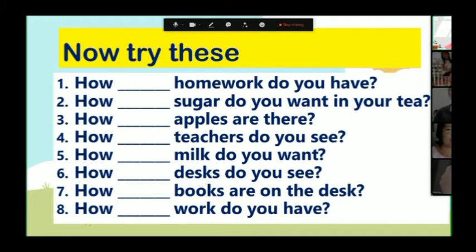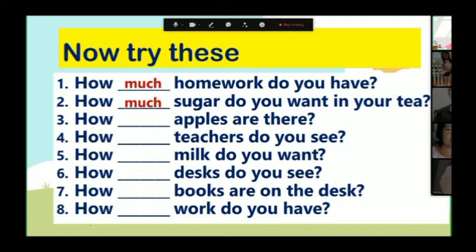Number one. How much homework do you have? Very good. Number two. How much sugar do you want in your tea? Very good.